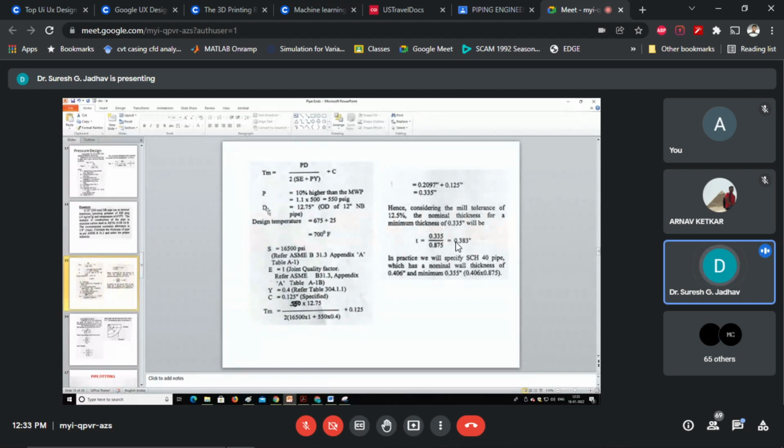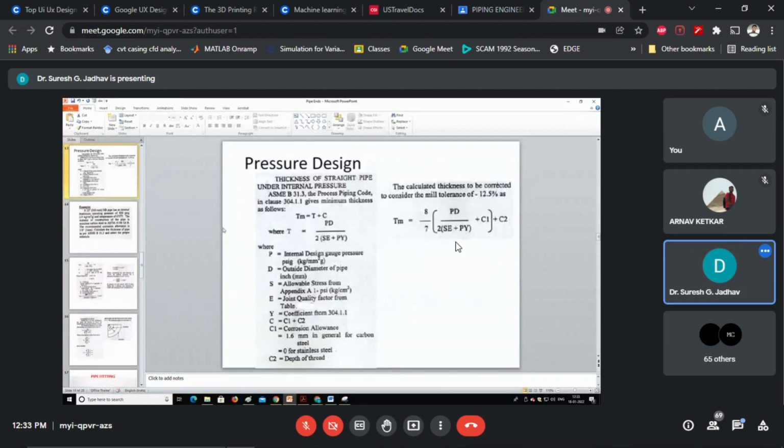And here the diameter is given, D is the outside diameter of the pipe.